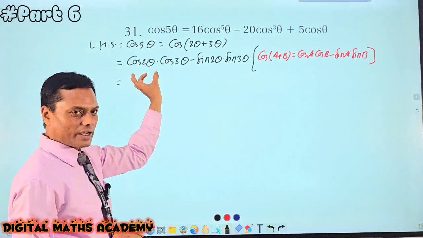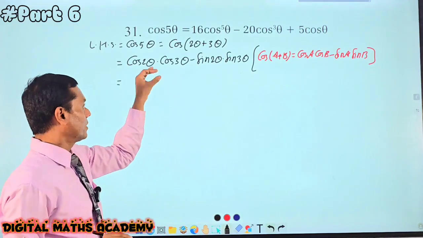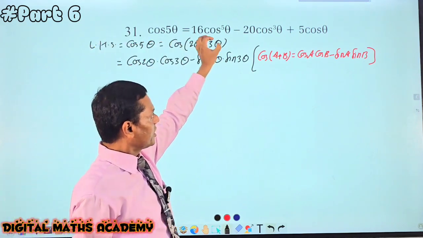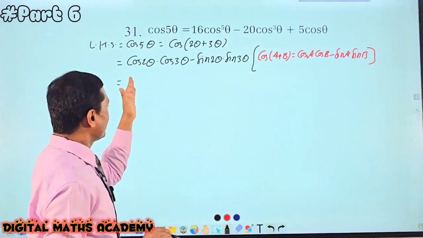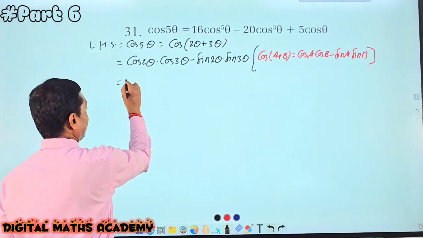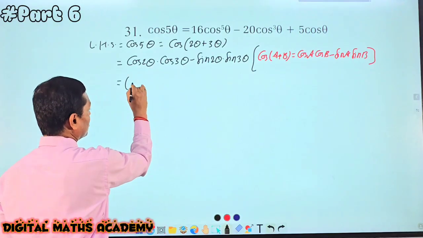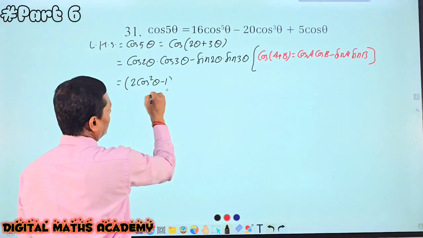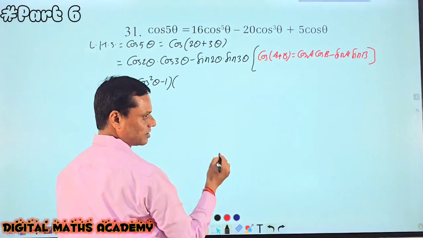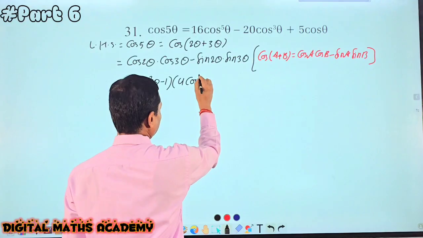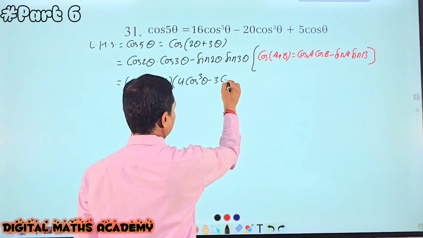Now cos 2 theta, again we have 5 formulae. I have told you many times. So which one of them will be better? So at the right hand side we have cos only. So why not we write the formula of cos 2 theta in terms of cos? So cos 2 theta equals 2 cos squared theta minus 1, and cos 3 theta is in terms of cos only. So here becomes 4 cos cube theta minus 3 cos theta.